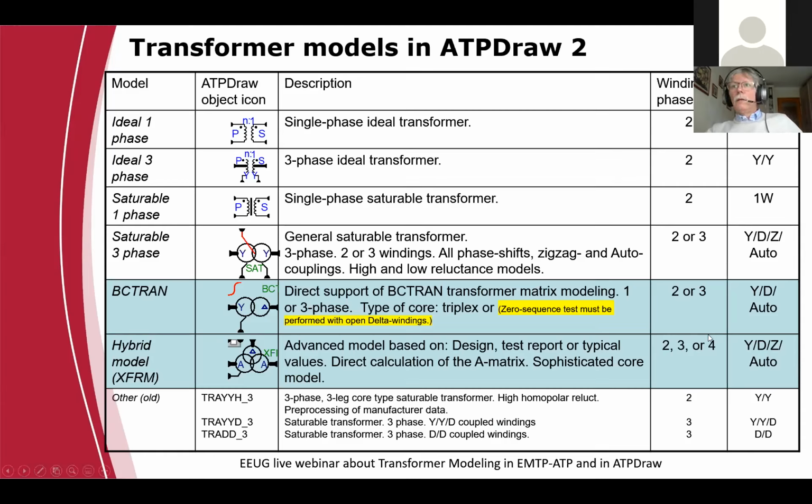The only option which supports more than three windings per phase is the hybrid model. If you have two or three winding transformers, you can work with the saturable transformer model or BCTRAN. Okay, so today we are focusing on these transformer models.